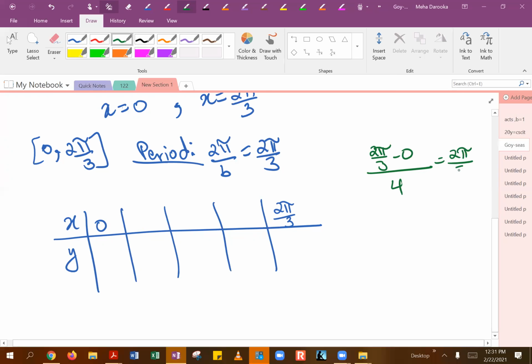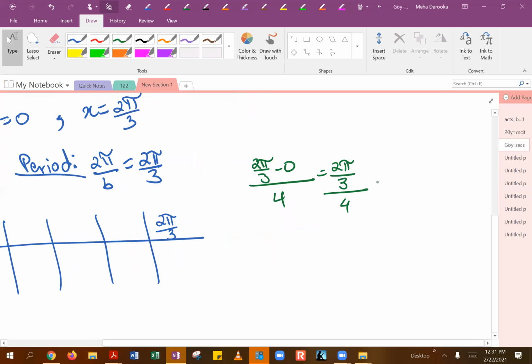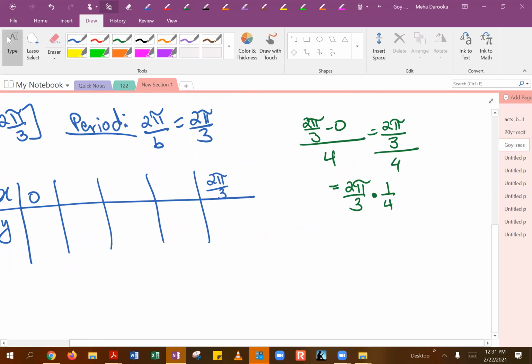So that's going to be 2 pi over 3 divided by 4. Or, as I always show you, dividing by 4 is the same thing as multiplying by 1/4. So what do you think our increment should be to figure out these key points?